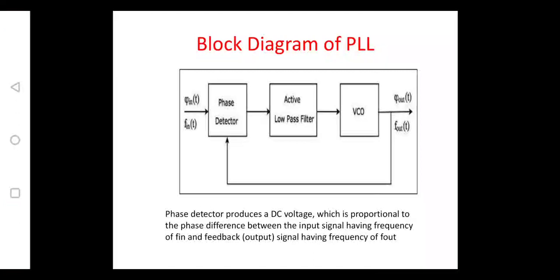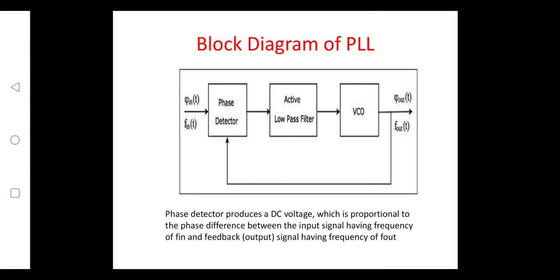locked loop, and this phase locked loop is available in a single package with numbers maybe 560, 561, 562, 564 or 565, and this is a block schematic of a PLL.